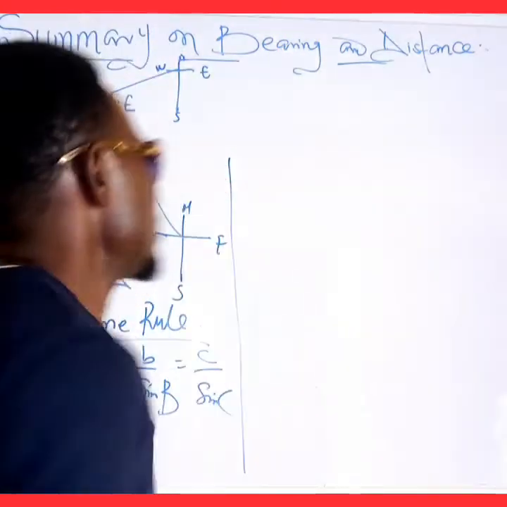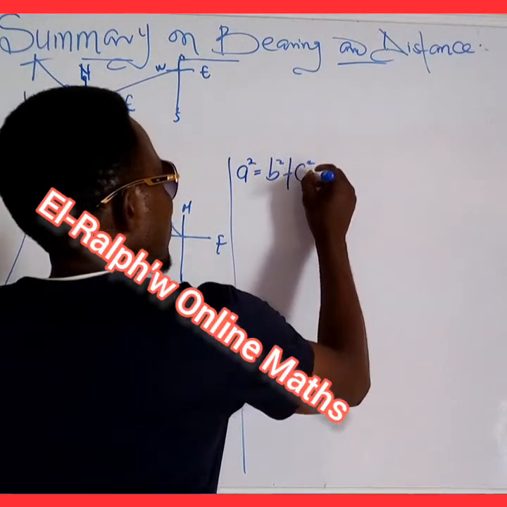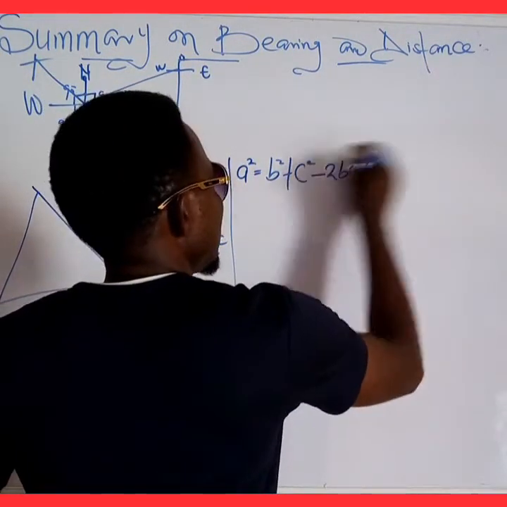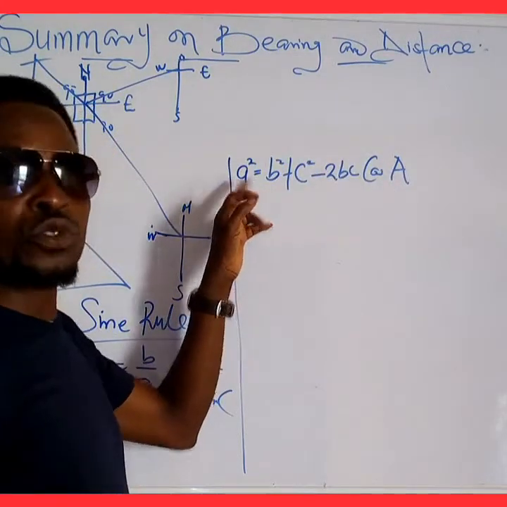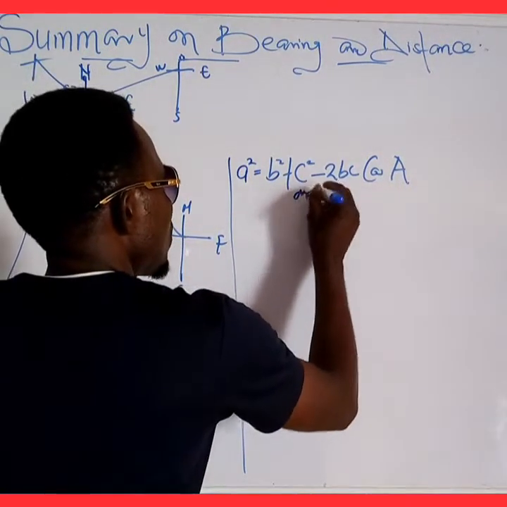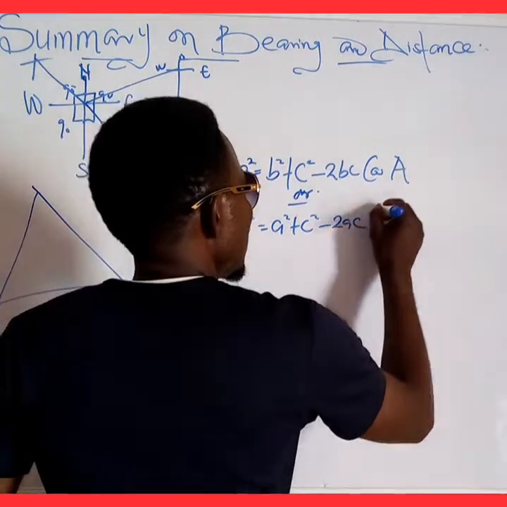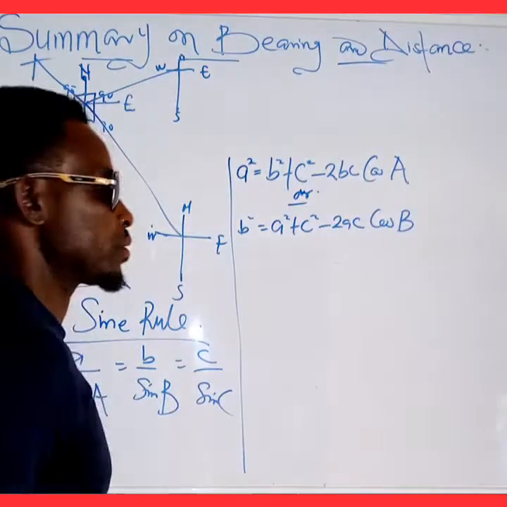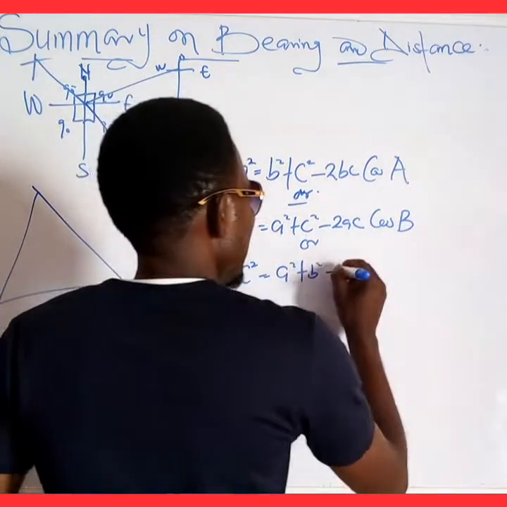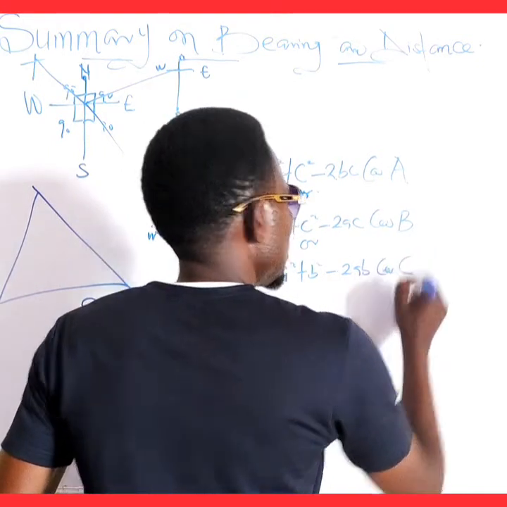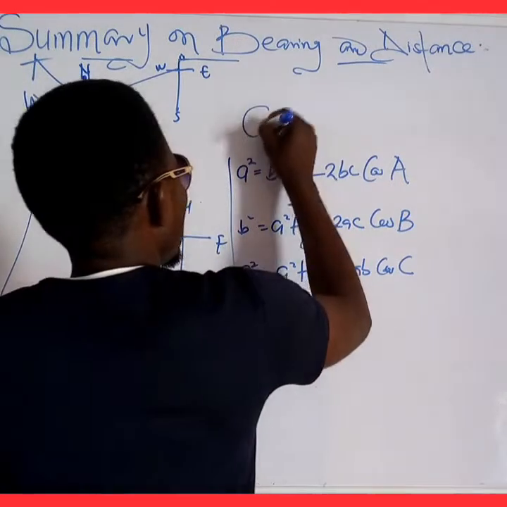You can express the cosine rule this way: a square equals b square plus c square minus 2bc cos big A, or b square equals a square plus c square minus 2ac cos big B, or c square equals a square plus b square minus 2ab cos big C, where the big letters are the angles and the small letters are the sides. So this is called the cosine rule.